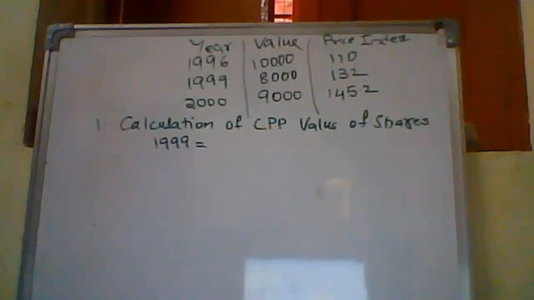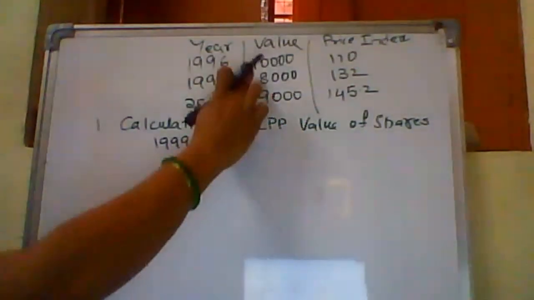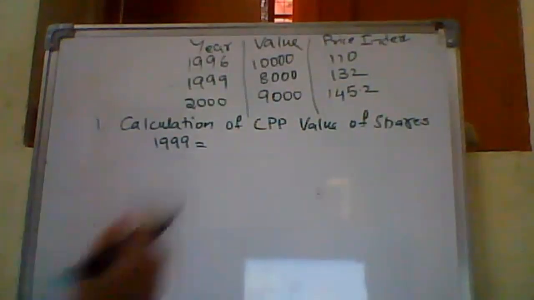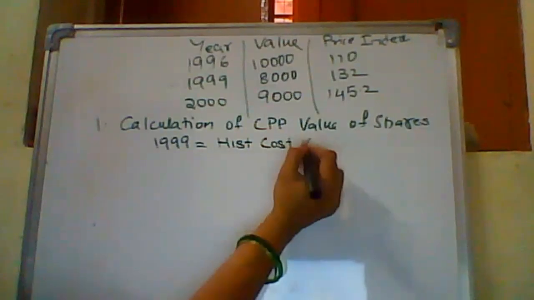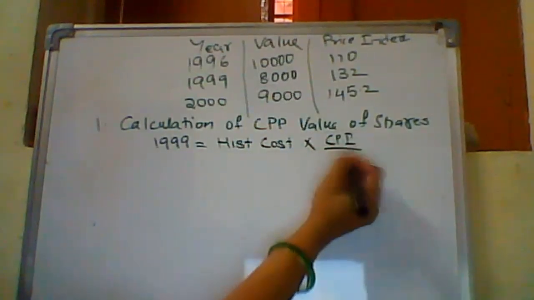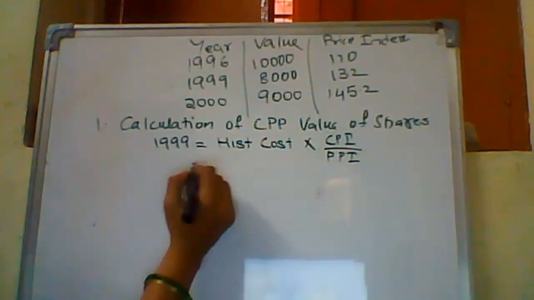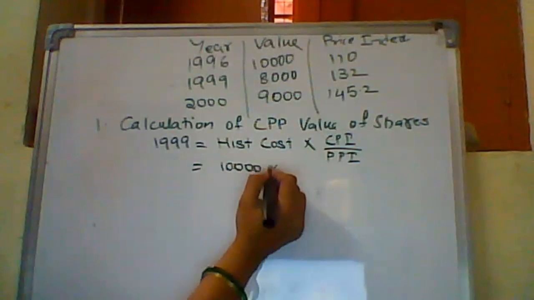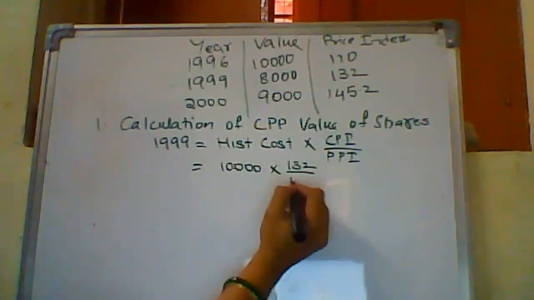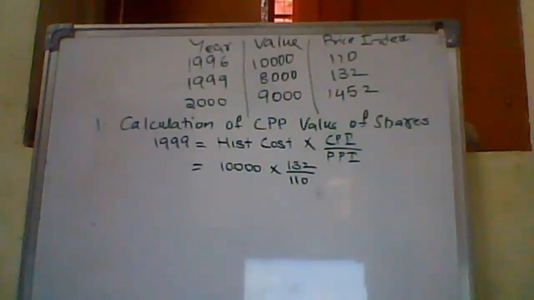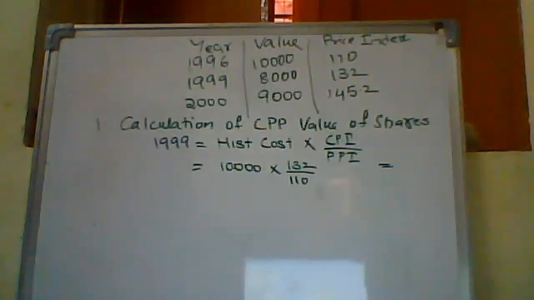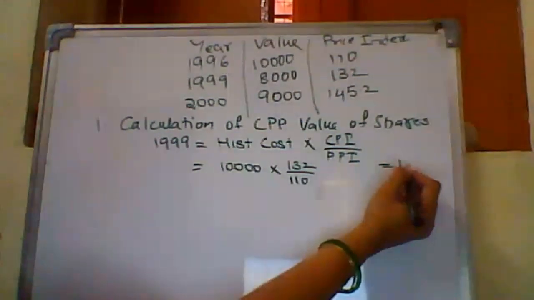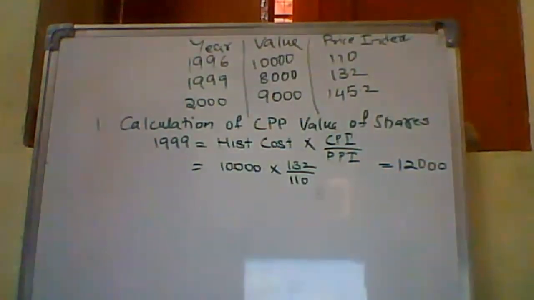Historical cost of the shares means the price at which we purchased it. Historical cost into current price index by previous price index. Historical cost is 10,000. Current price index is 132 and previous price index is 110. So my CPP value is 10,000 into 132 divided by 110, I am getting 12,000.